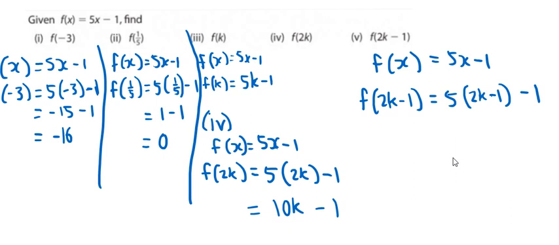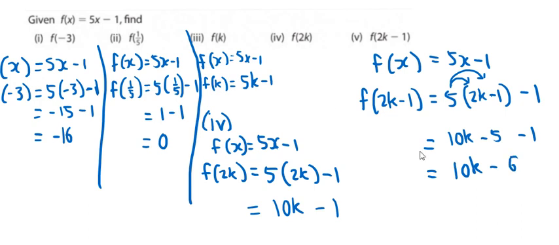So I'm just putting all of that 2k minus 1 in instead of the x. So if I multiply out the brackets, I can multiply the 5 into this. So 5 multiplied by 2k is 10k. And 5 multiplied by minus 1 is minus 5. And then I still have that minus 1, so I'm just going to bring it down. So I get 10k minus 5 minus 1 will be minus 6. So 10k minus 6.